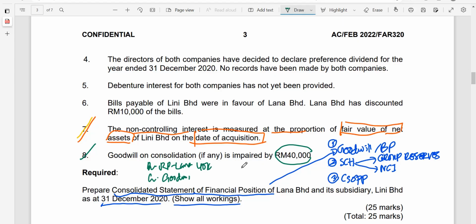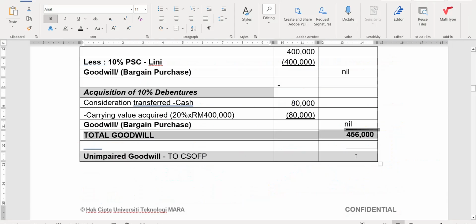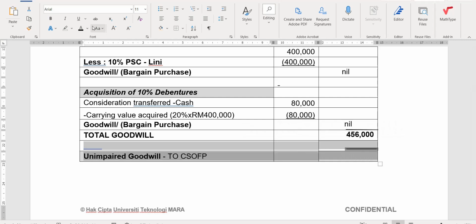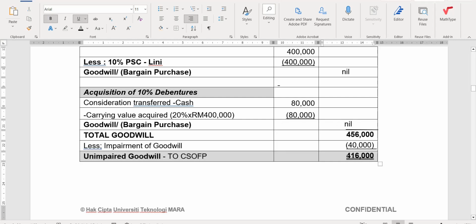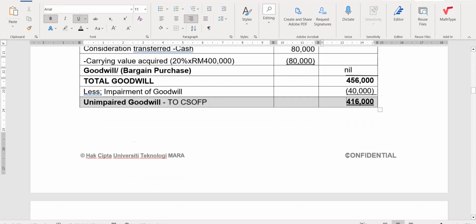So that will expense off some of the goodwill. That must be later shown in the schedule under the column of the parent or the group retained profit. So you can see that now the unimpaired goodwill will be 416, and this will later be shown under the non-current asset when you prepare the CSOFP.